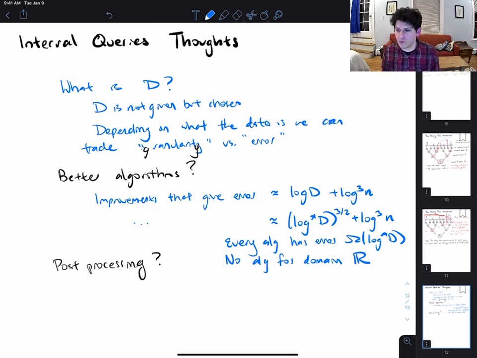All right, and the last point I want to make is that what we really did here is we answered all the queries with the binary tree, and we post-processed those answers in some way. And because of differential privacy's properties, we can post-process them in any way we want. And there's actually been a lot of work showing there are even better ways to combine answers than just summing up some nodes in the tree.